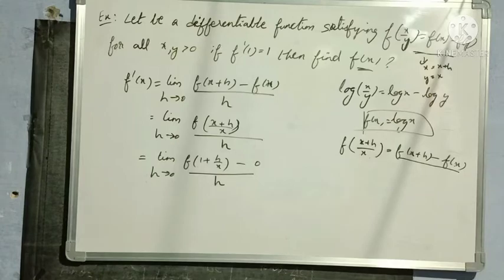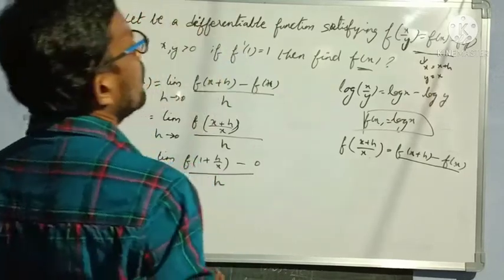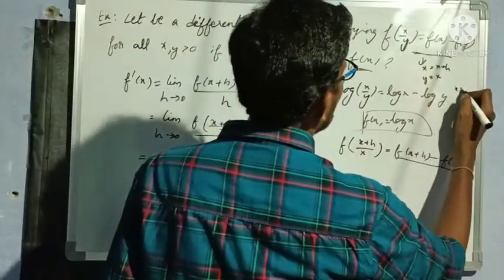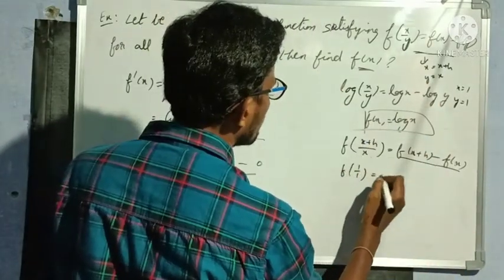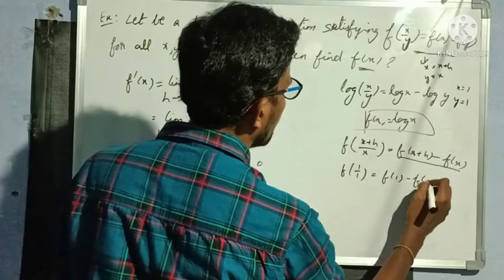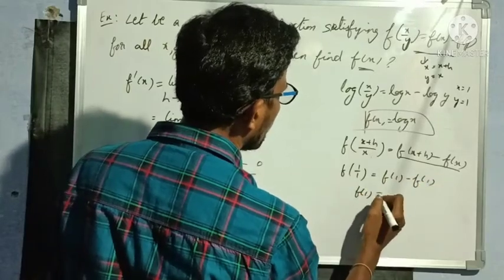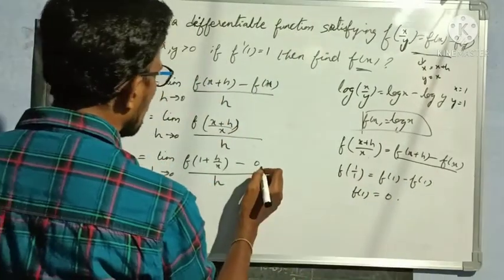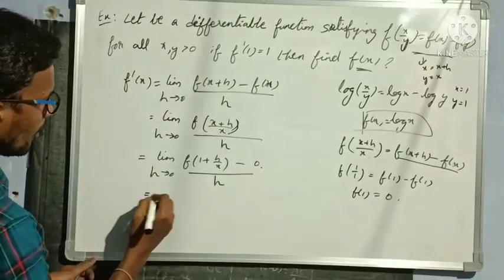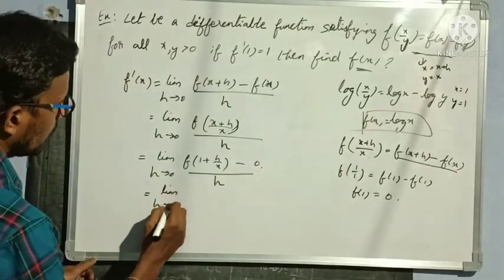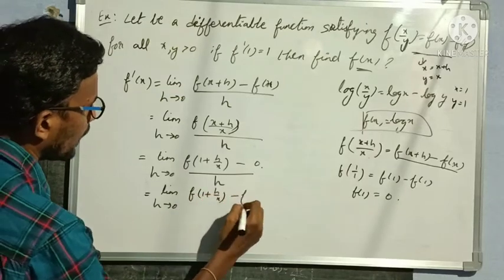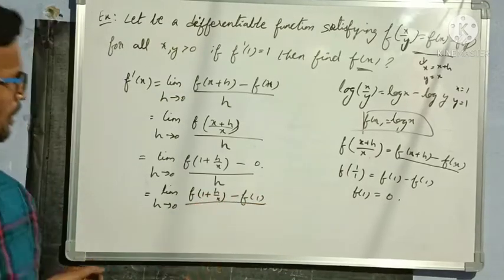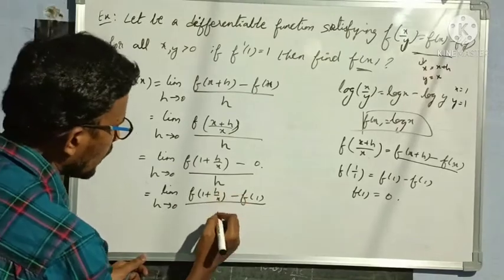Yes, how to get f of 1 value as 0 here? Simple, substitute x is equal to 1 and y is equal to 1 here. Then what we will get? f of 1 by 1 is equal to f of 1 minus f of 1. f of 1 by 1 is nothing but f of 1 is equal to 0. So here in the place of 0 can I write f of 1 here? So limit h tends to 0, f of 1 plus h by x minus f of 1 by, anyhow here h by x is there, means here also I should get h by x.